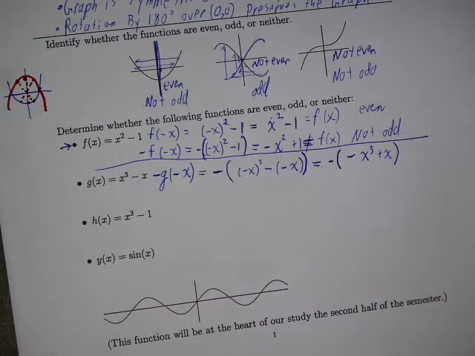Everyone with me so far? What's a bit of simplification that you would want to do next when seeing this? Yeah. Distribute the negative on the outside. Yeah, there's a distributive law for minus signs.